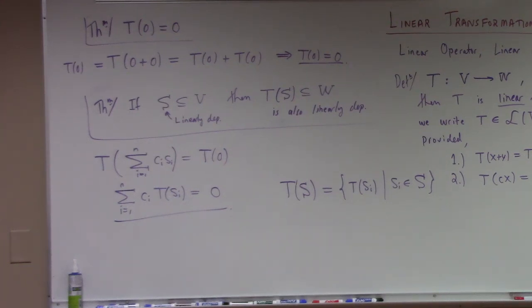We already have one clear vote against this. The 0 map. It sends everything to 0. The set containing 0 is linearly dependent, right? So certainly my claim cannot be true in general. What structure do we need for a linear transformation to preserve linear independence from its domain to its codomain? That's one of the big questions that looms over us going forward.